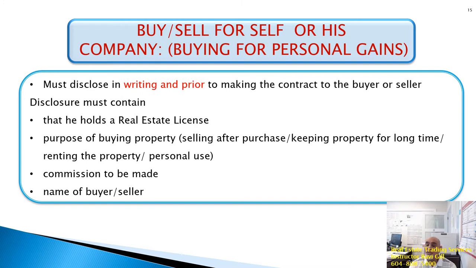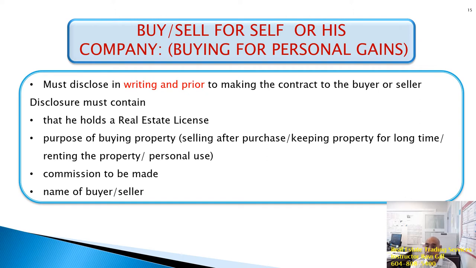But you must disclose in writing and, very important, before, which means prior to making any contracts with the sellers or buyers, that you are a realtor, and the purpose of buying or selling. If you're buying property, you have to disclose the reason and what you'll be doing with the property. Maybe you're going to sell it afterwards. As long as you disclose, it's fine.